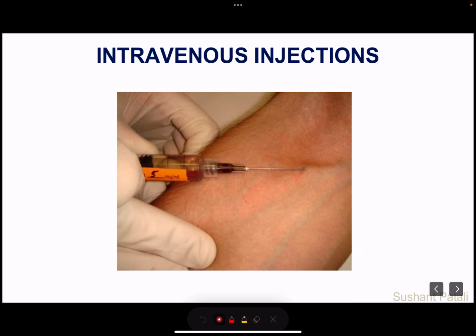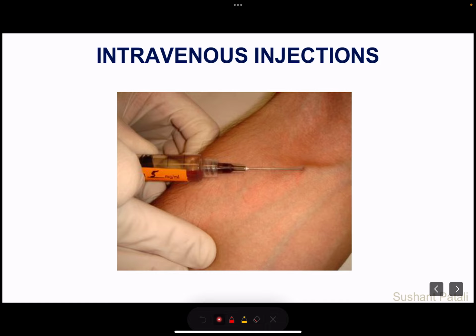Next, we know that the median cubital vein is a vein of choice for intravenous injections and also to collect blood samples for biochemical investigations, isn't it? So why do we choose the median cubital vein? Because this vein is easily identified. It's a superficial vein, it lies in front of the cubital fossa.